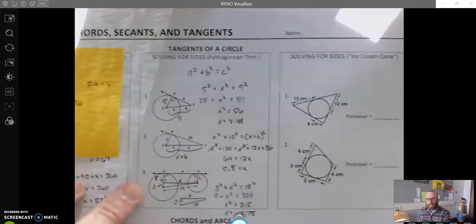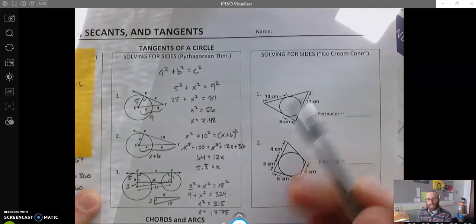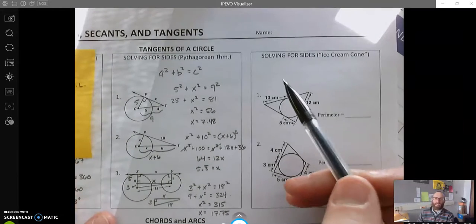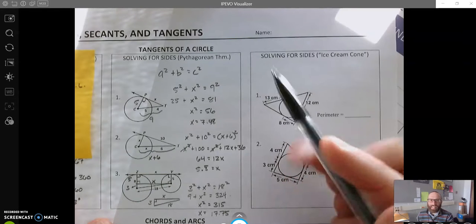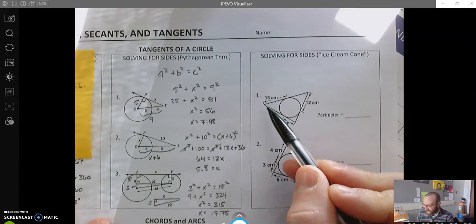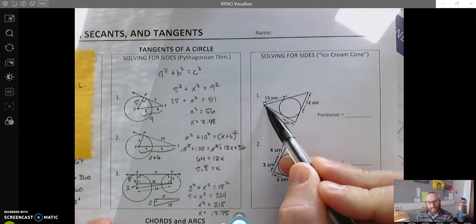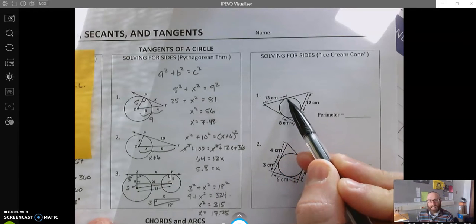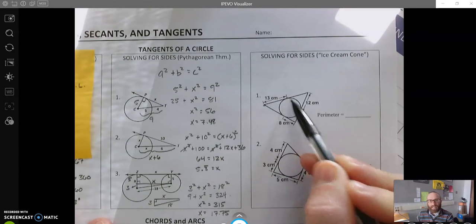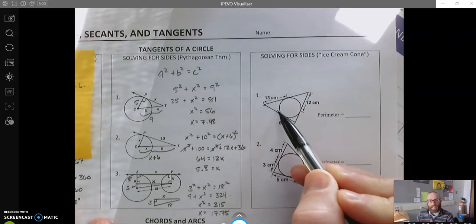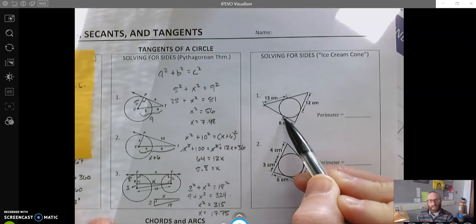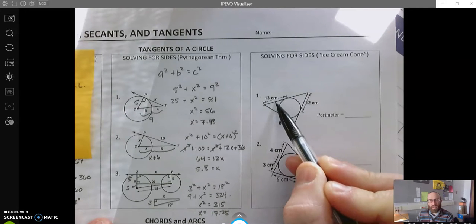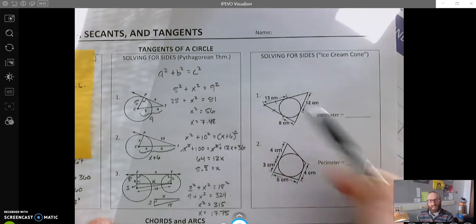Alright, so we are focused here on what we call our ice cream cone problems. Remember that the big idea is that when we have these tangent lines that intersect at a point and then intersect the circle, these two pieces are congruent.